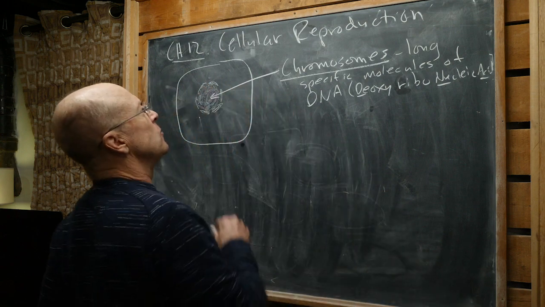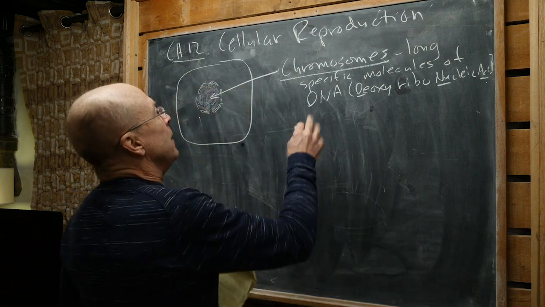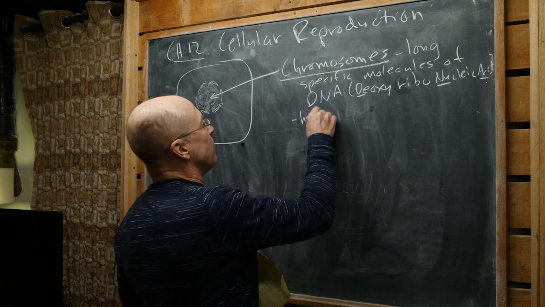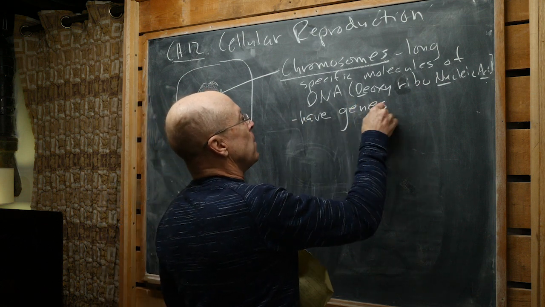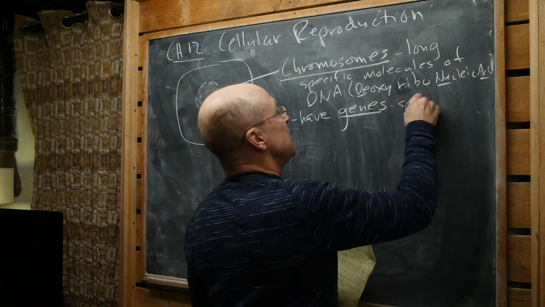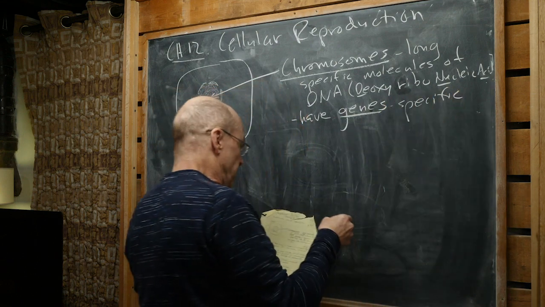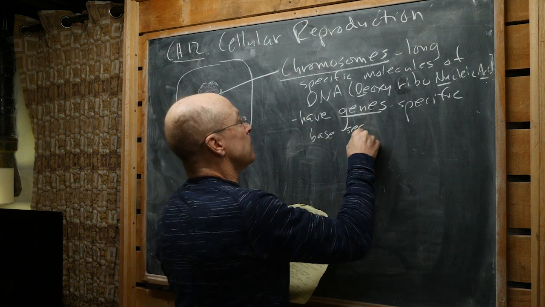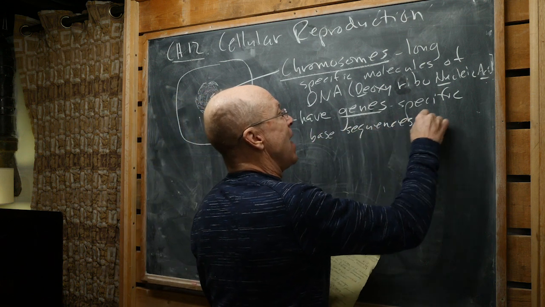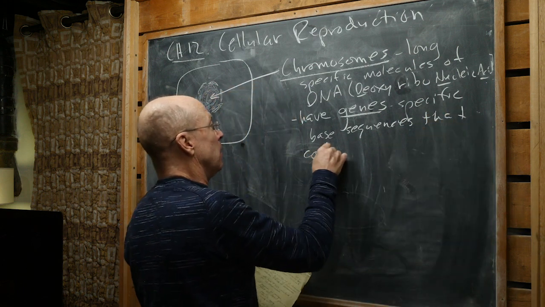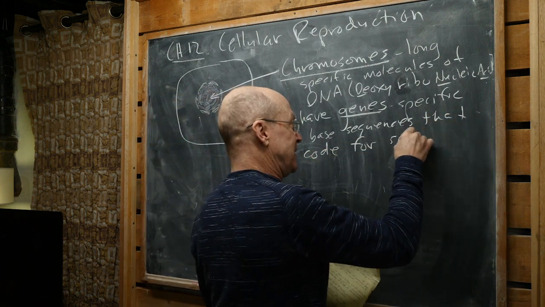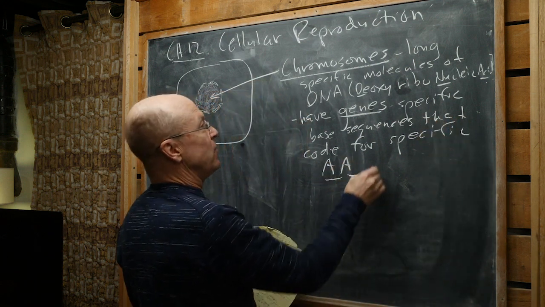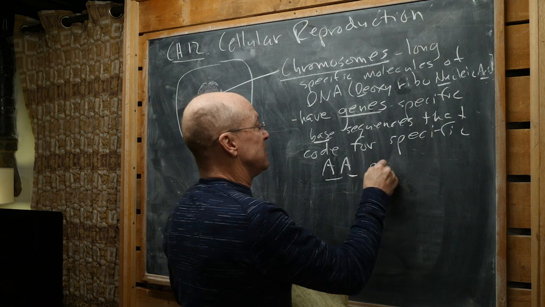All right, so those are chromosomes, and the deal is that these chromosomes have genes, and genes are specific base sequences that code for specific amino acid sequences.